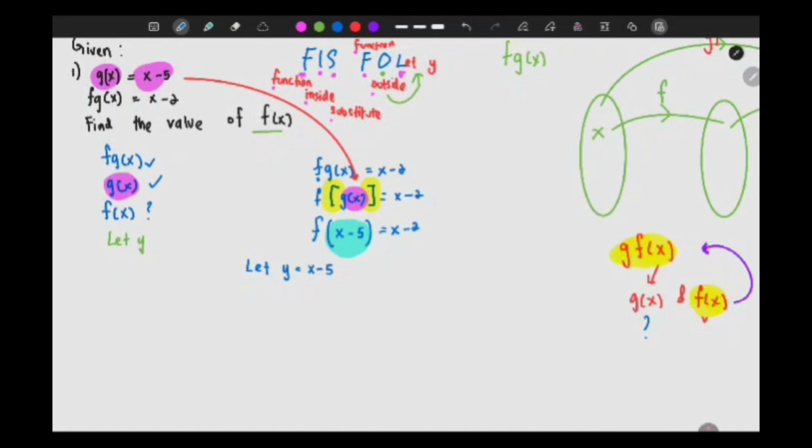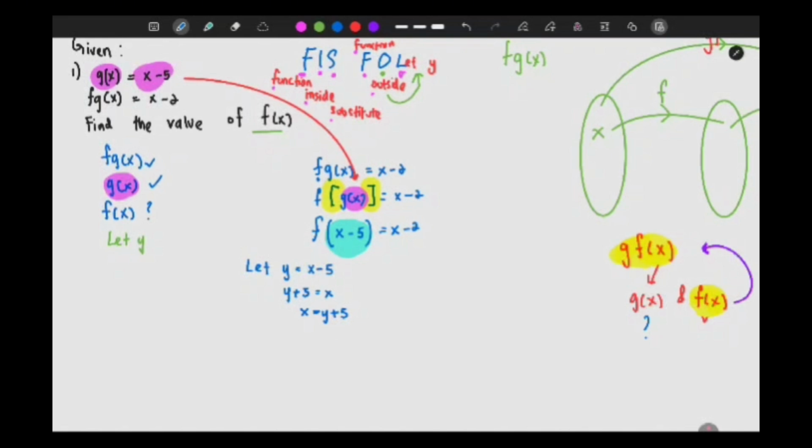So you find your x, bring the negative 5 this side, make it y plus 5 equals to x. That means your x is y plus 5, isn't it? I let my y, I find my x, start with single y, end with single x. And after this, what do you have to do?